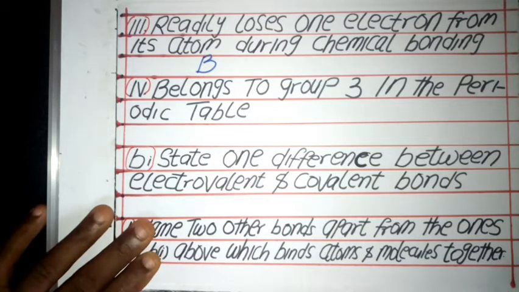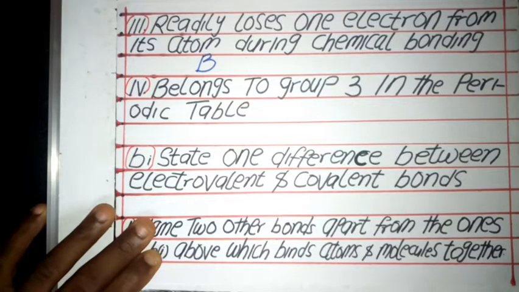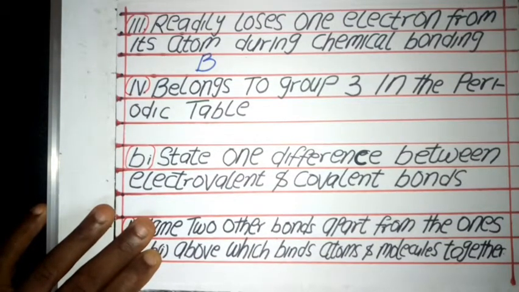Remember, we were given A was carbon, B was lithium, and C was boron. Then D was beryllium. So we know that boron is a group 3 element.